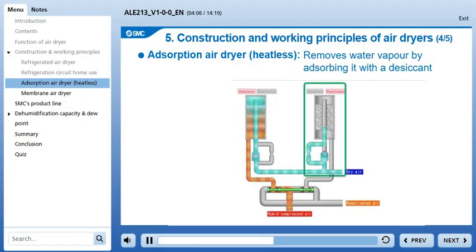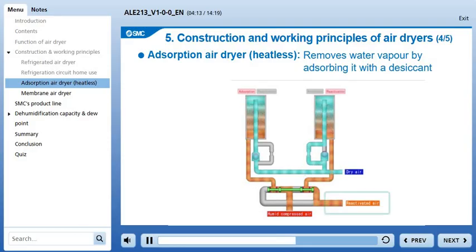Some of this dry air is used to reactivate the desiccant on the other side saturated with water vapor. This process consumes some of the air, as this air is released to the atmosphere. This process is switched at regular intervals using a solenoid valve. By alternating between dehumidification and reactivation of the two tubes in this way, they can generate dry air continuously.